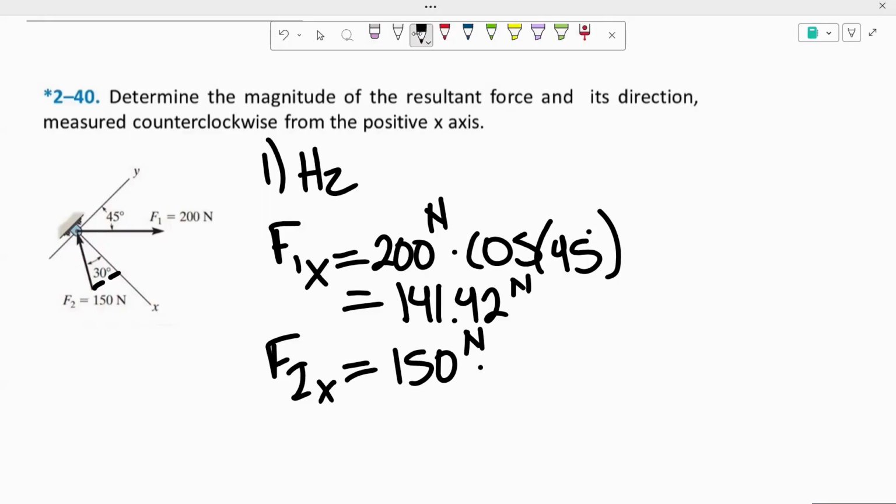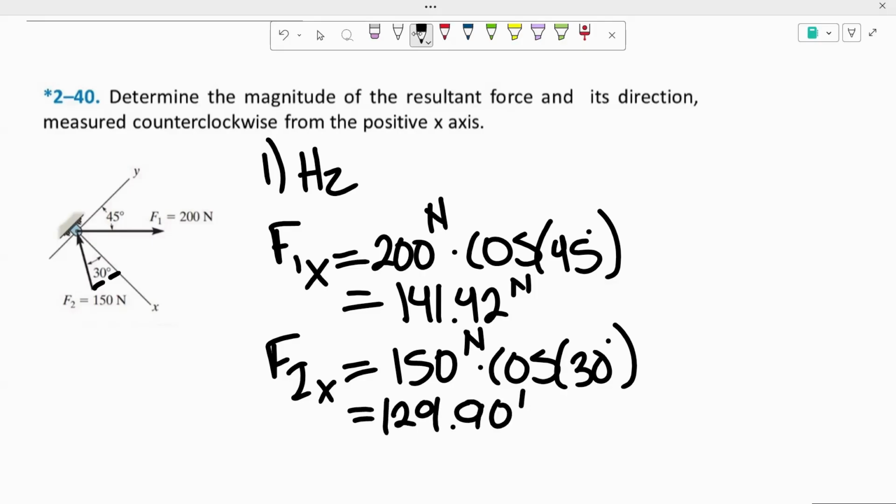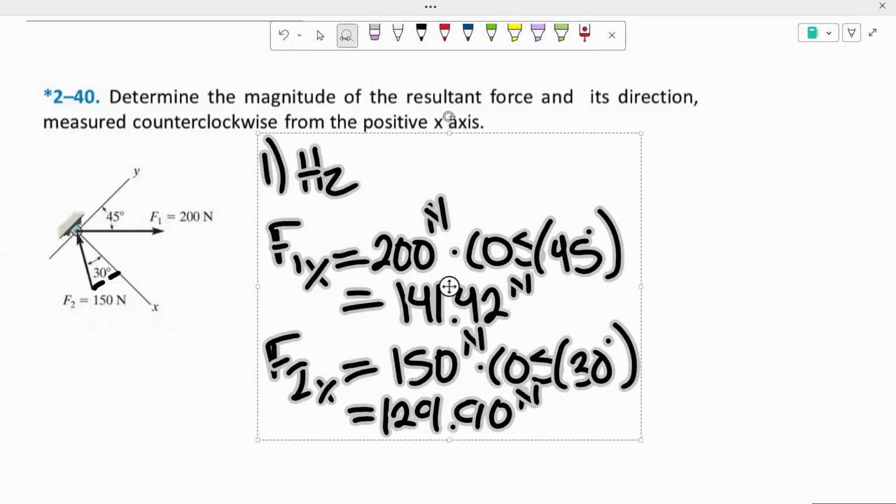So 150 newtons times cosine of 30 degrees is 129.90 newtons. And like that, we were able to find the horizontal components of each vector.